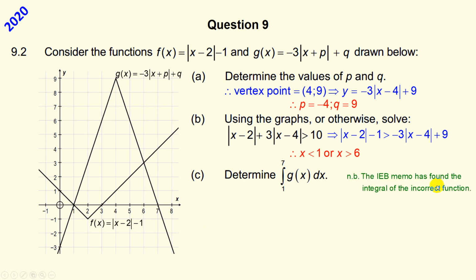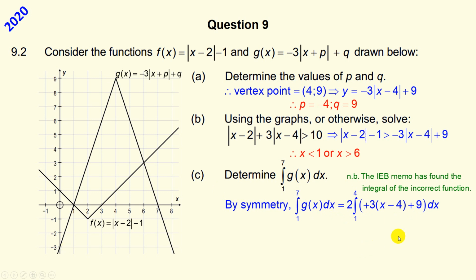In the memo of the IB, they found the integral of the incorrect graph. They've in fact gone and worked with the f of x. So they must have picked it up during the marking phase. So by symmetry, the integral from 1 to 7 of g of x dx equals twice the integral from 1 to 4 of that graph.